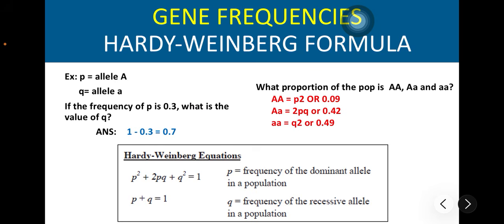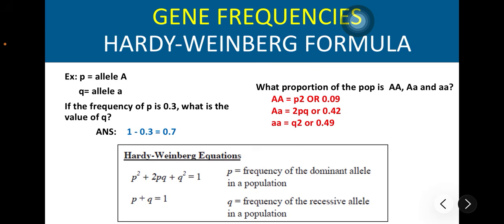So let's just substitute the given. You have small p, which is equivalent to 0.3, small q, which is equivalent to 0.7, and then p times q, 0.3 times 0.7, which is equal to 0.21. So let's just substitute the values that we have obtained.